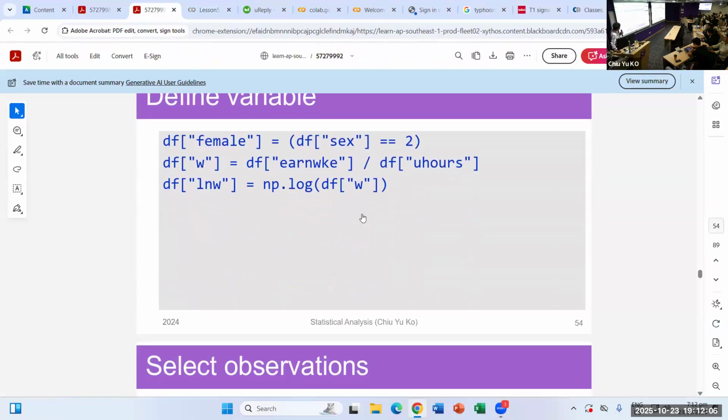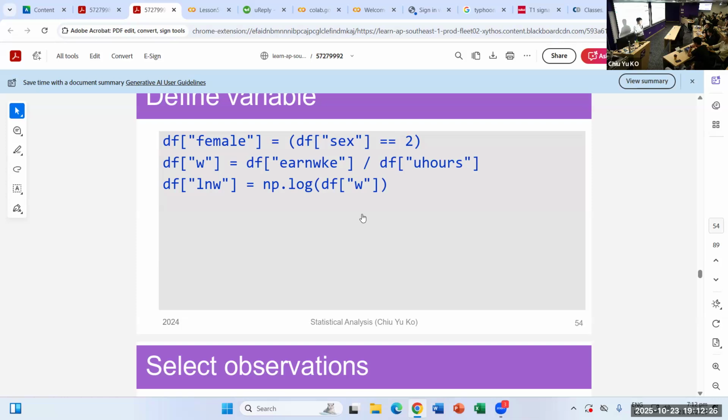Then we look at the female and look at the average, where female equals 2. This bracket makes it a logical statement: if this is true, it is 1, otherwise 0.